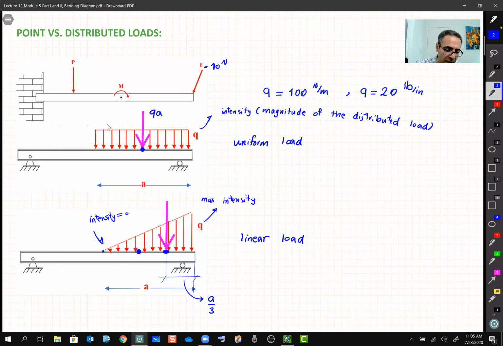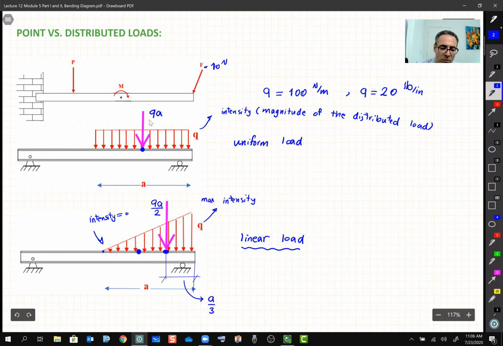And this time be careful, because it has a linear shape, unlike this rectangular shape. For this triangle, the equivalent load is Q multiplied by A divided by 2. In other words, we are just calculating the area of this load, right? Here, the area of a triangle is Q multiplied by A divided by 2. Here it is just simply Q multiplied by A in a uniform load, okay?